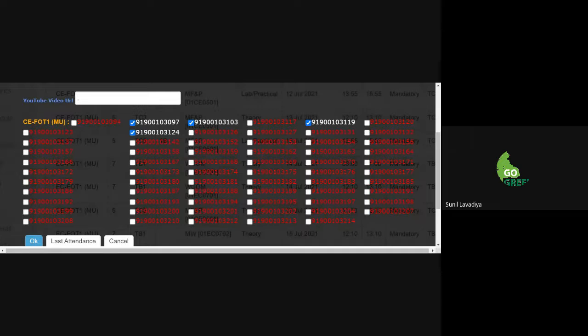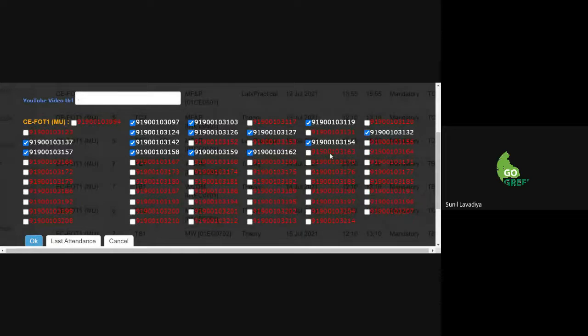You all have to write down your name, number and summary in the chat box, okay? 127, 131, 132, 137, 142 Daniel, 152 Shubham, 153, 154, 156, 157, 158, 159, 162, 163 Sandesh, 164 Neeraj.